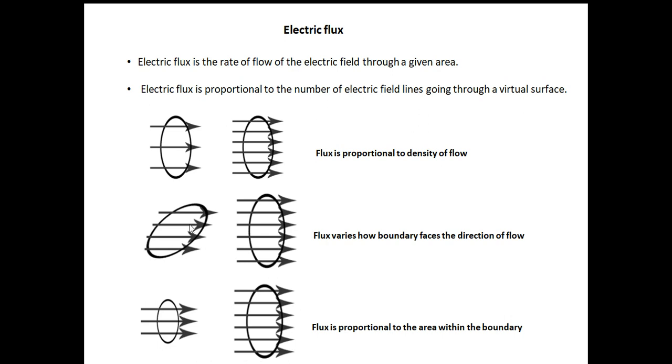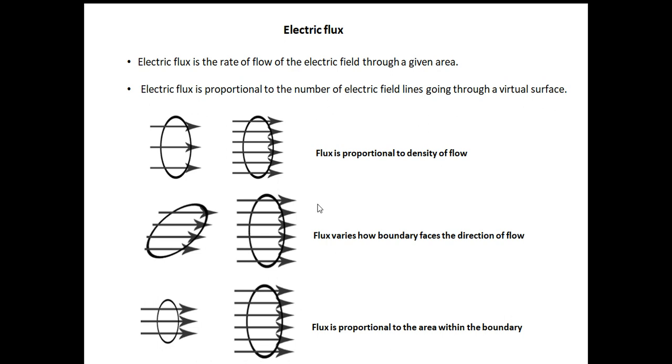Now what I am doing is just tilting this. In the same electric field, I am tilting this particular virtual surface, then the field lines passing through are changing, so flux will be changing. So flux varies with how the boundary faces the direction of flow.